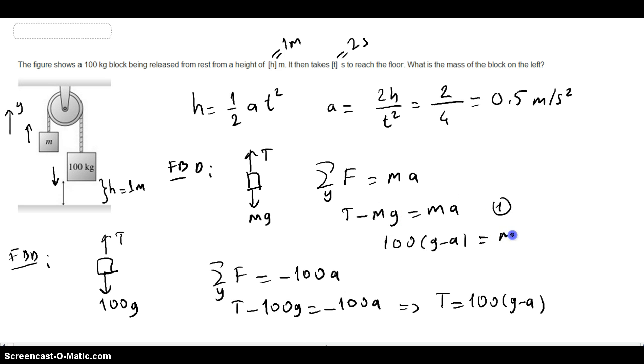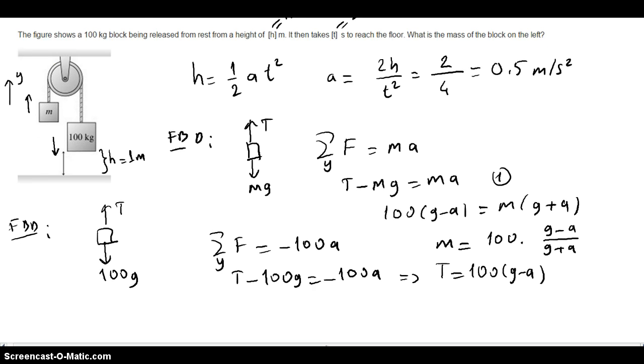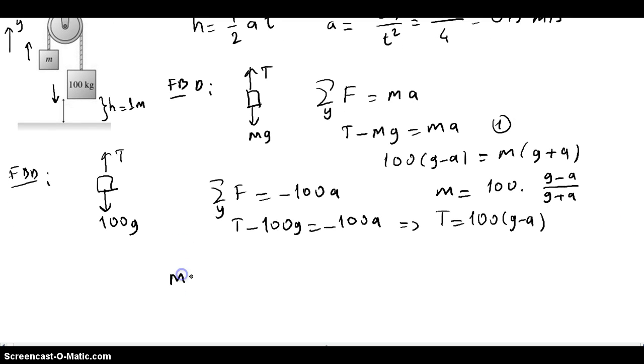In that case we have m times (g plus a), and if you solve for m you will see that m is equal to 100 times (g minus a) divided by (g plus a). Let me bring this here. m is equal to 100 times (9.81 minus 0.5) divided by (9.81 plus 0.5).